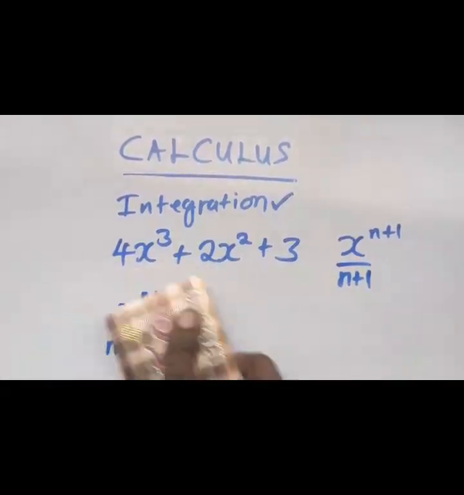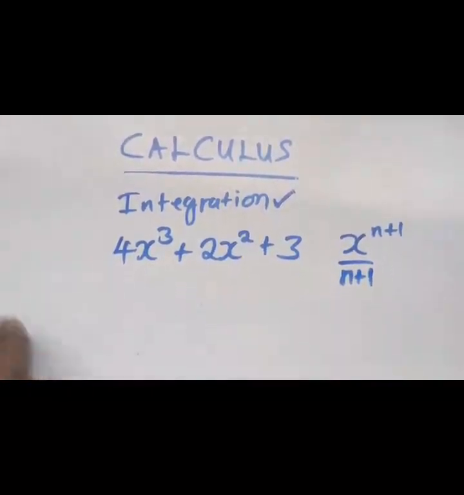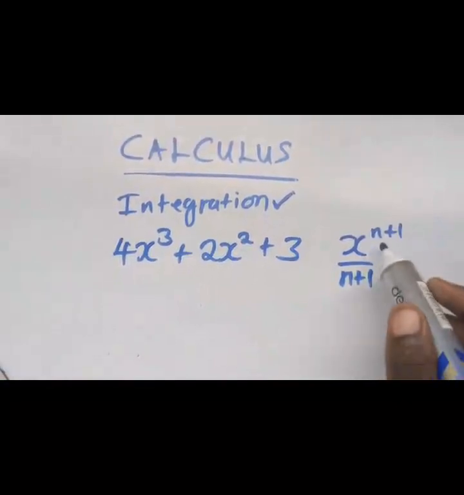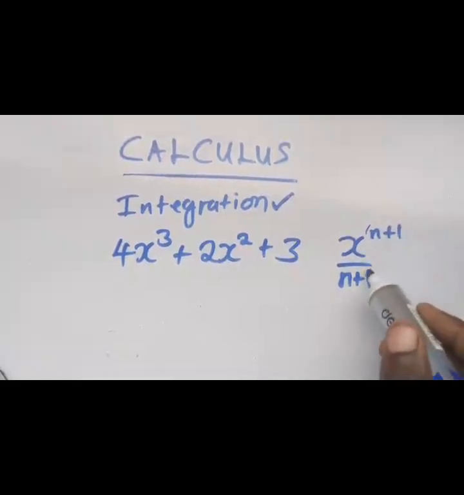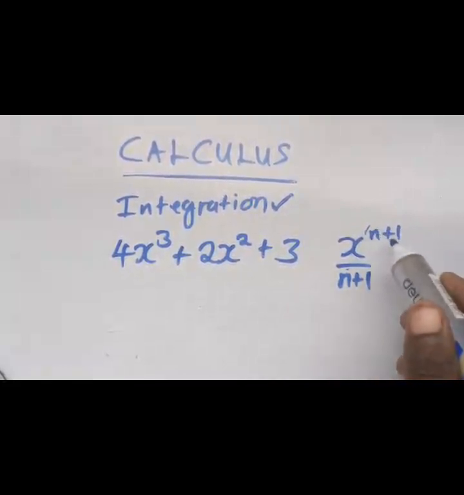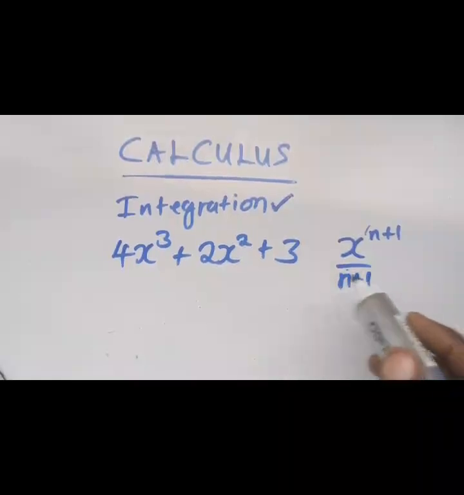What you are seeing up here as the power is the same as what is down there. Make sure that what is up here is what you are dealing with down there.